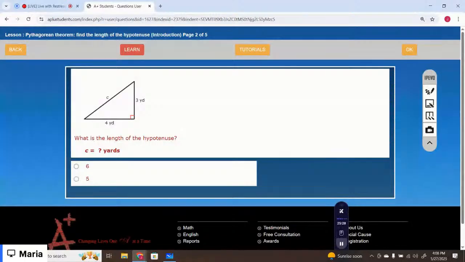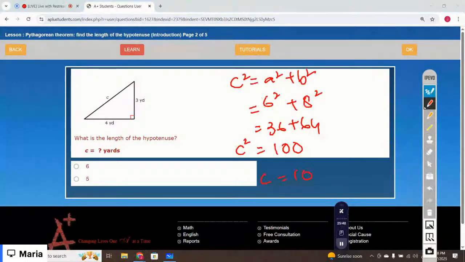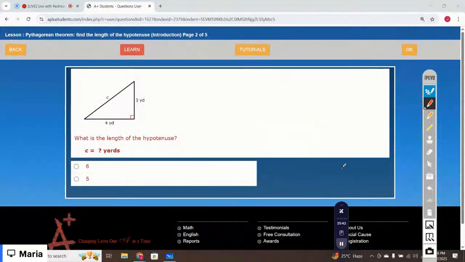What is the length of the hypotenuse? C square equals 3 square plus 4 square. 3 square is 9, 4 square is 16. So 16 plus 9 is 25.